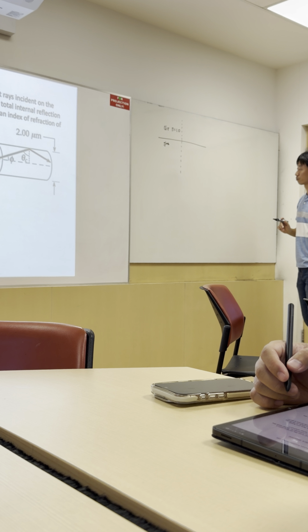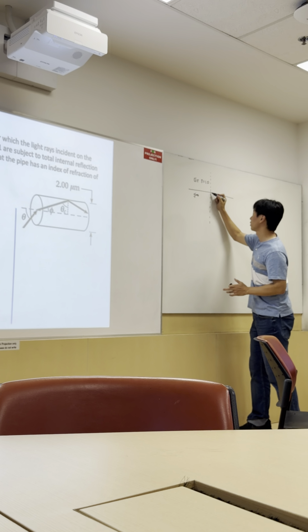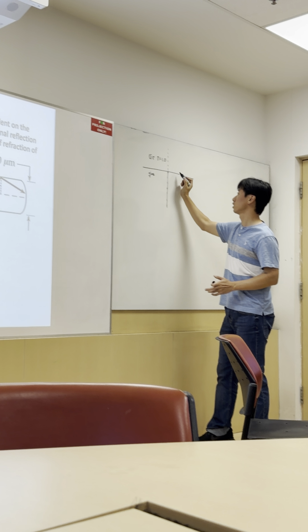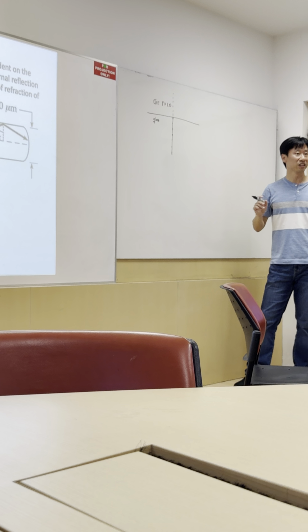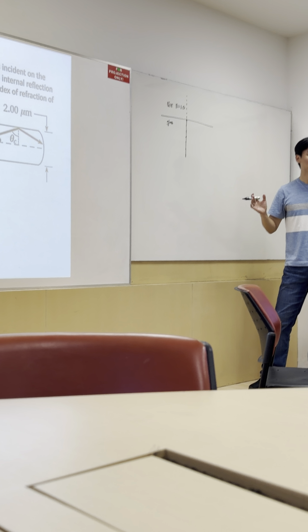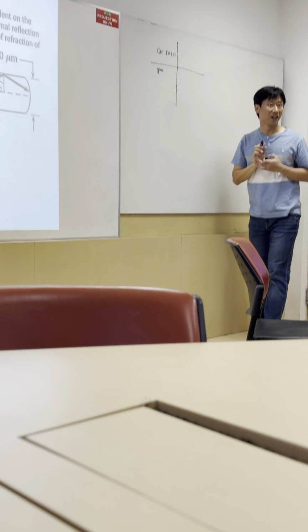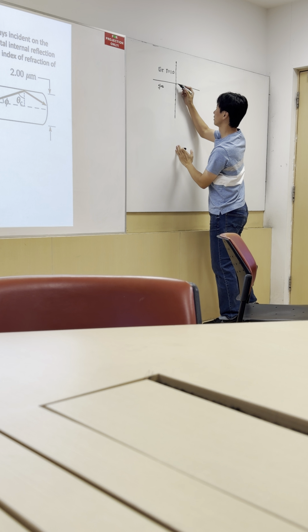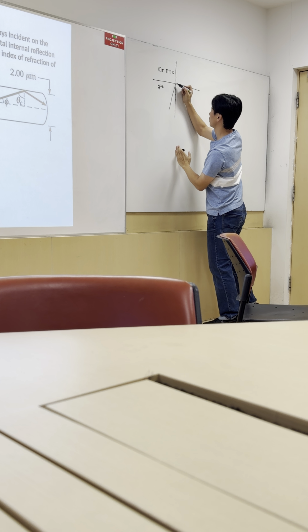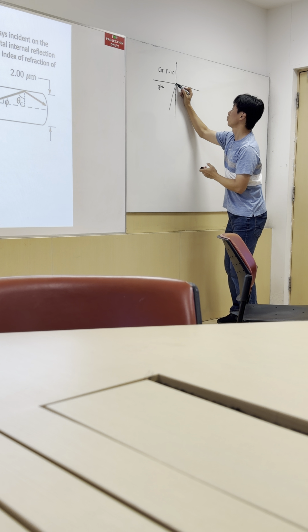Now let's imagine that you have an incident beam which is perpendicular to this interface. Then what happens? Is there any reflection? No. It will follow this vertical line. And then I tilt this angle a little bit, like this. Then what happens? It will be refracted.